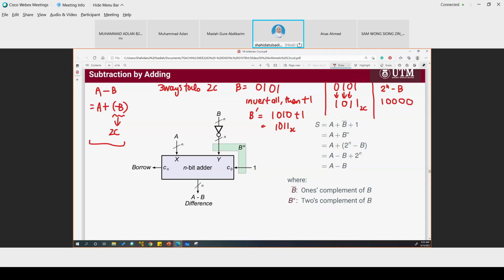So n is 4 because B is 4 bits. So we have 10000 minus B, and B is 0101.